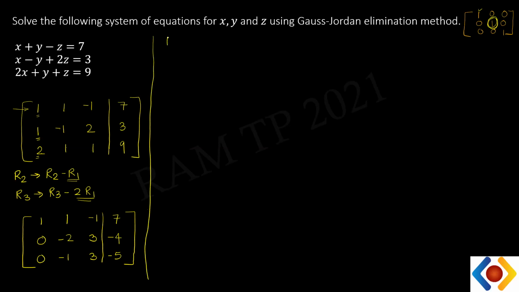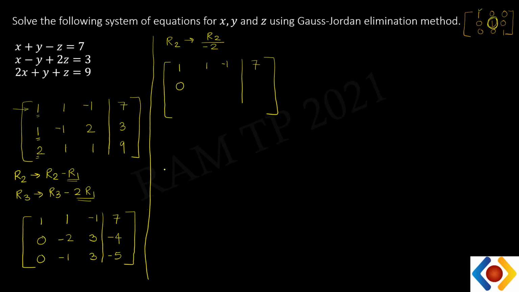So I'm saying row 2 is equal to row 2 divided by negative 2. Row 1 remains the same, 1, 1, minus 1, and then we have 7. 0 divided by minus 2 will still remain 0.